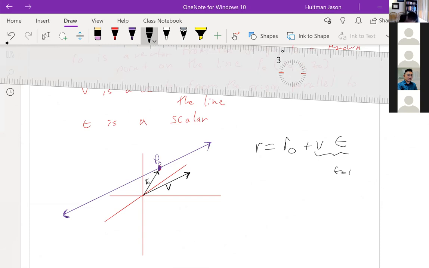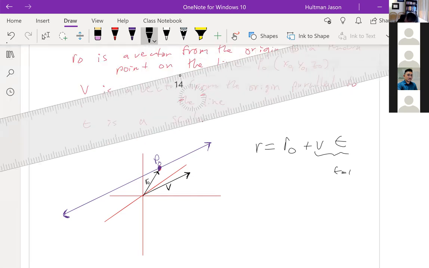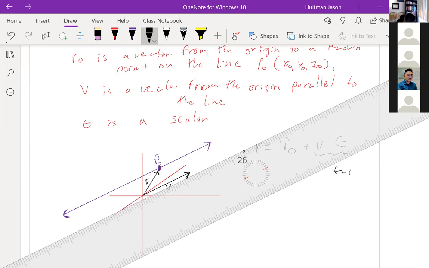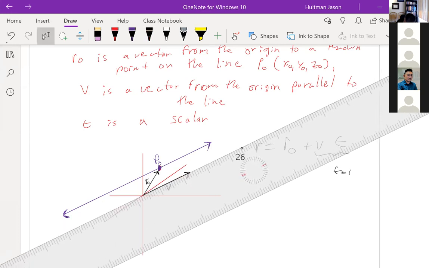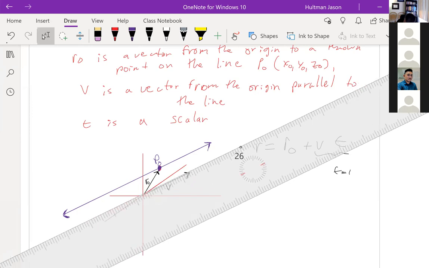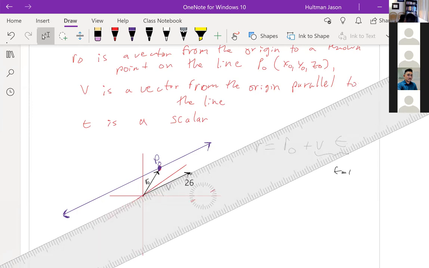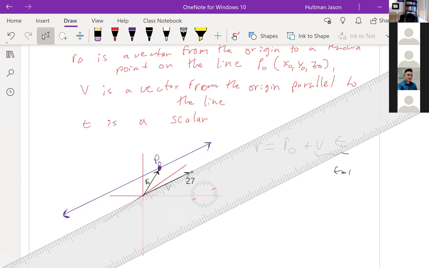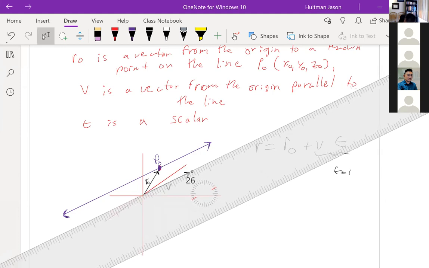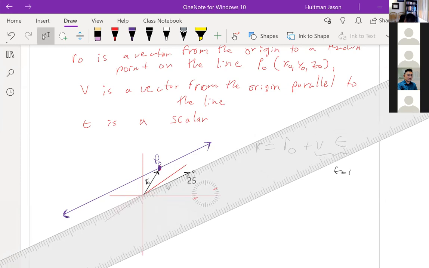Well, I would get P naught, and then I would get VT to be exactly the same length as V.